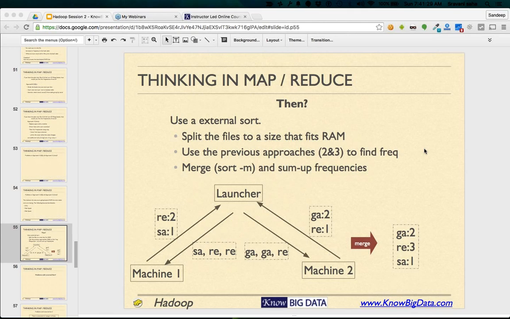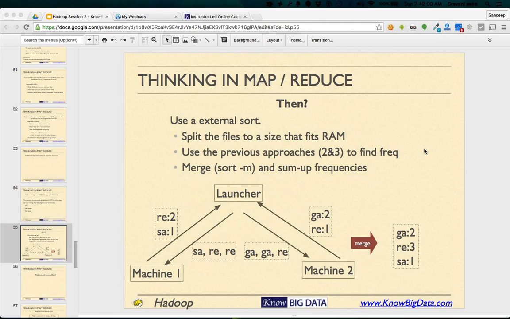From the launcher we are launching work on machine 1 and machine 2. Half of the text we are sending to machine 1 and half to machine 2. Now both machine 1 and machine 2 will order the data and count the distinct word frequencies, and whatever result we get, we compute the distinct of both.